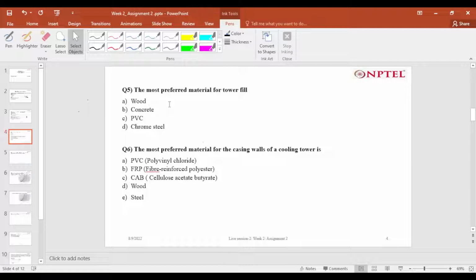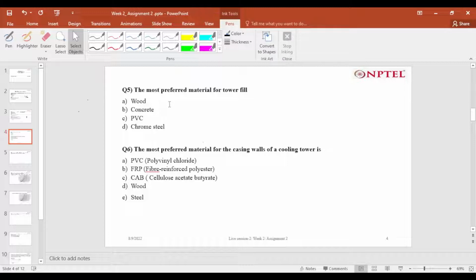Question 5: the most preferred material for the tower fill. Tower fill is this part of a cooling tower. So which material is used for the tower fill? Do you have any idea? Here are the options: wood, concrete, PVC, chrome steel.